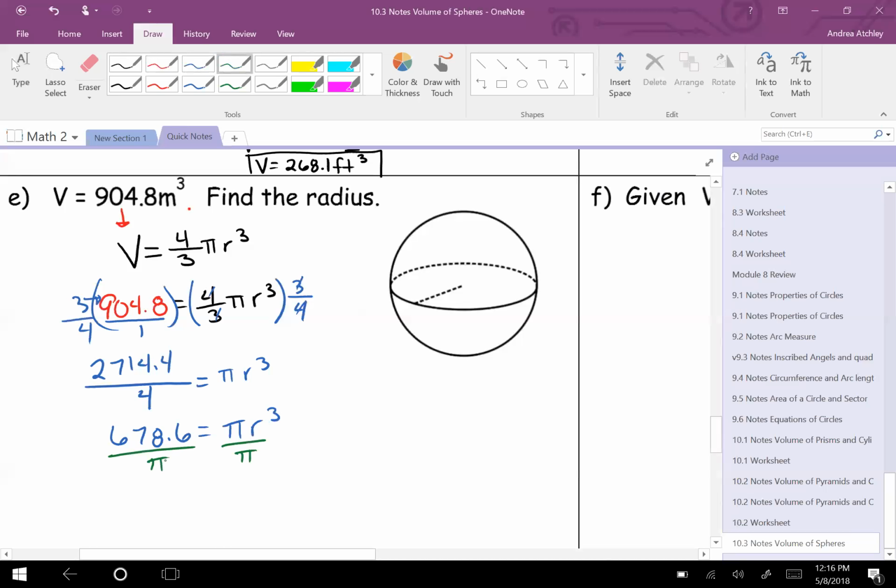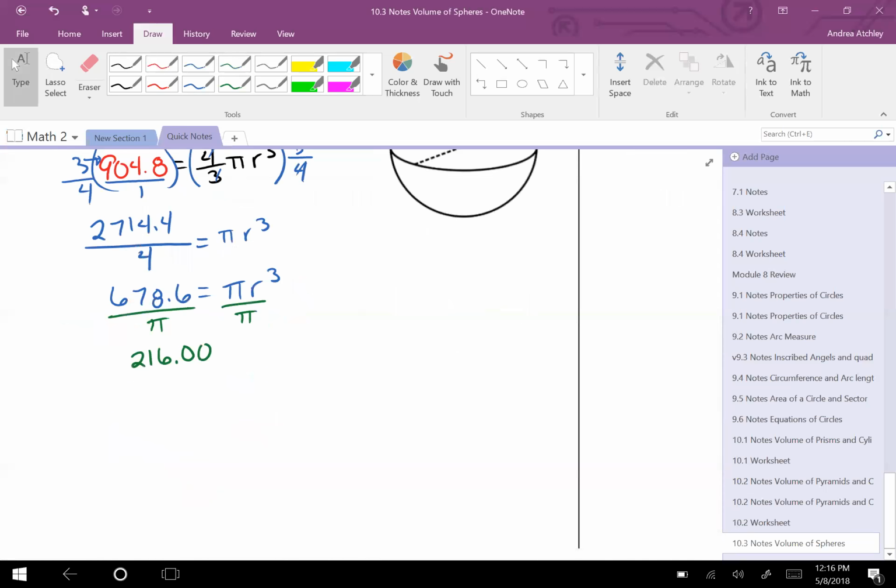And I get 216.0. Does the 0 make the 0 do anything? No. And that still equals just r cubed.